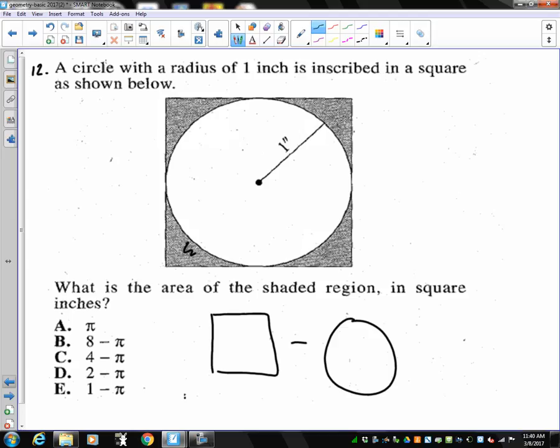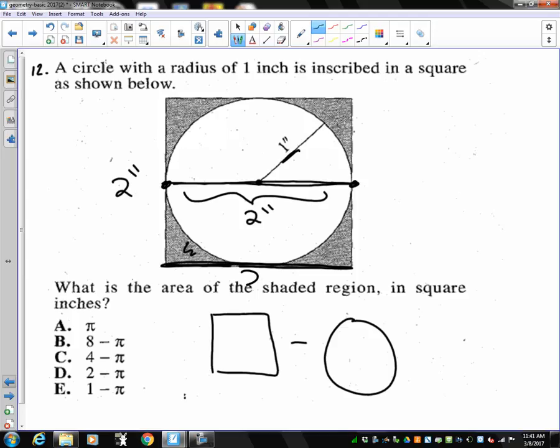To figure out a side of the square, I'm going to use this 1 inch radius. If that radius is 1 inch, if I drew a diameter through that circle, that would give me the length of one of the sides of the square. And if the radius is 1, that means the diameter, or the sides of the square, are each going to be 2 inches.